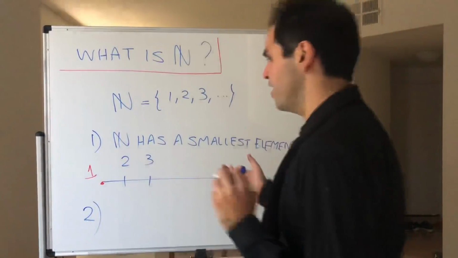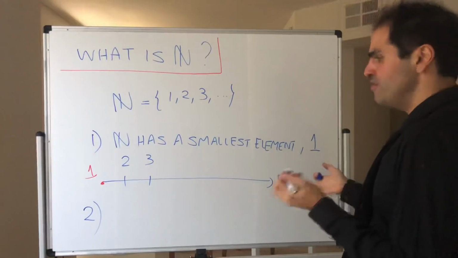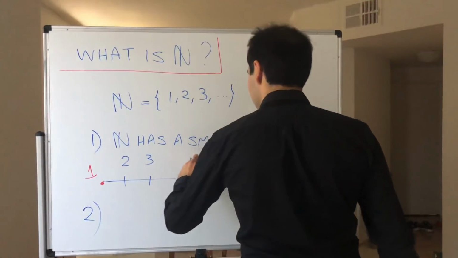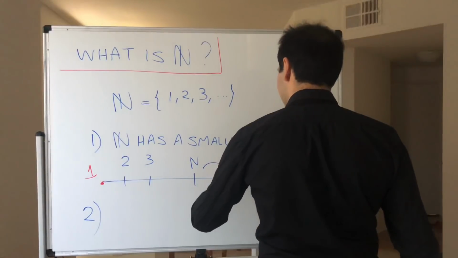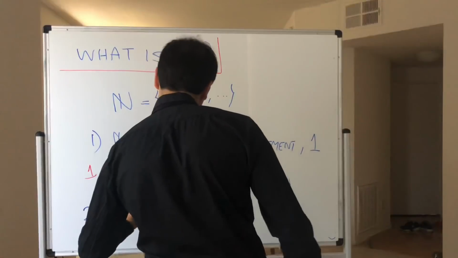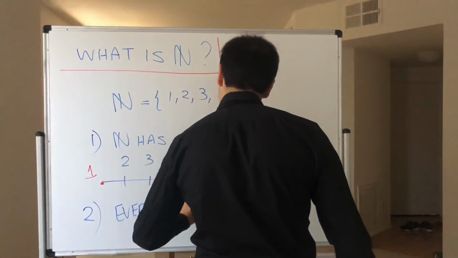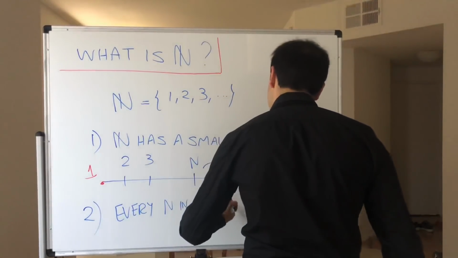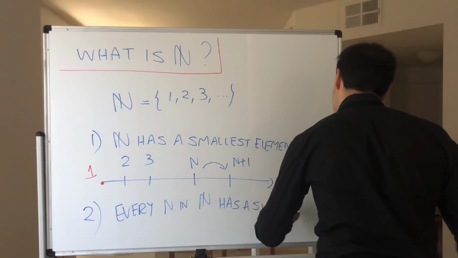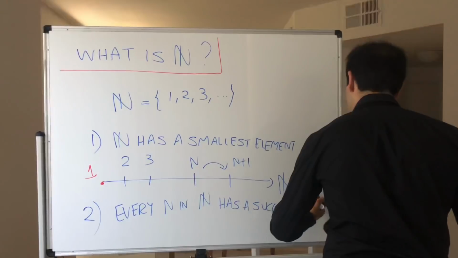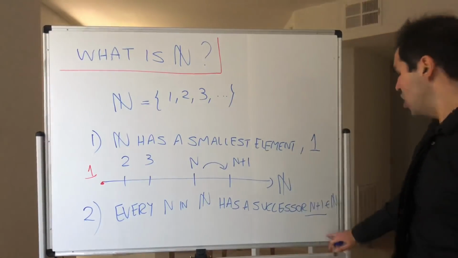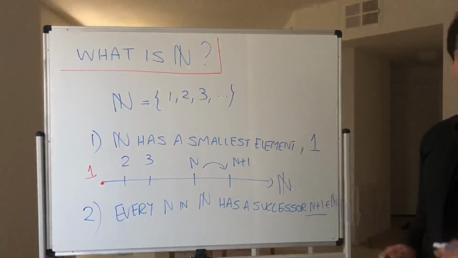Moreover, there's another property that's also slightly different. Every number n has what's called a successor, which is n plus 1. Every n in N has a successor n plus 1 in N. In other words, every number has a number that comes after it.